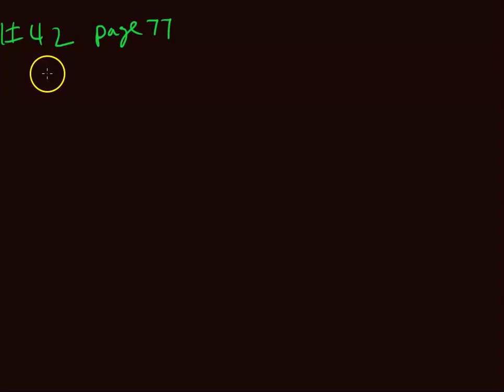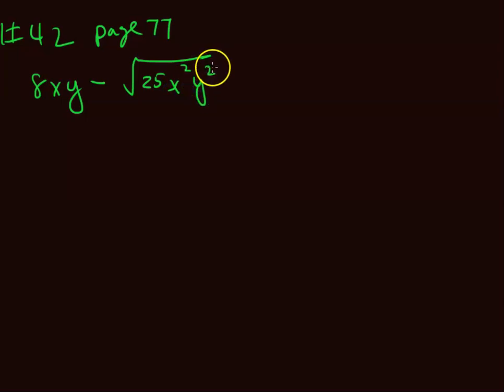It is 8xy minus square root 25x squared y squared plus the cube root 8x cubed y cubed. And we're asked to simplify.